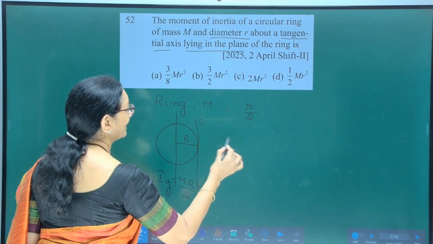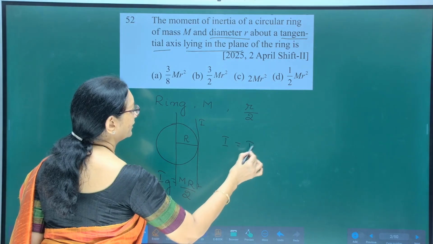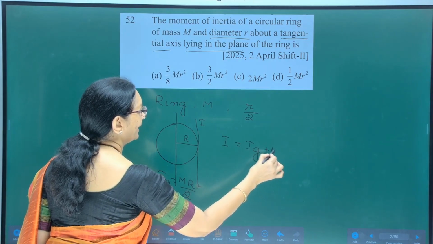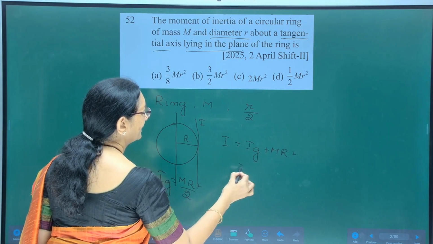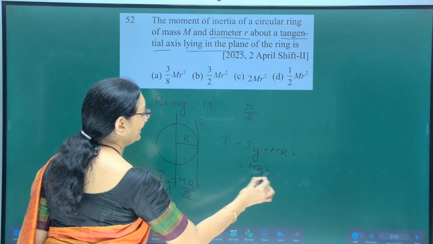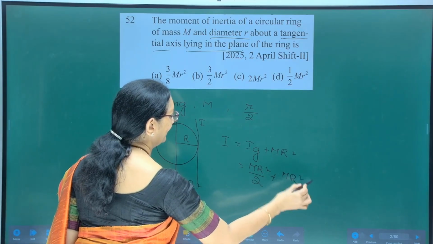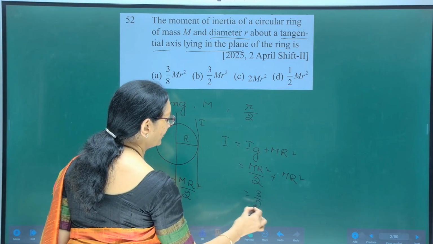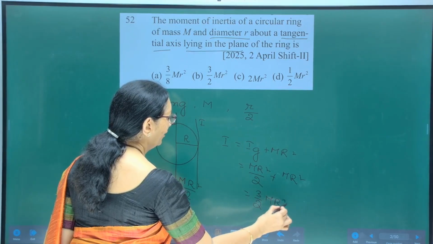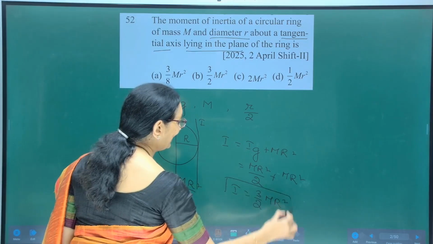From parallel axis theorem, I is equal to Ig plus mr square. So, mr square by 2 plus mr square. See here, it is 3 by 2 mr square, where r is the radius.